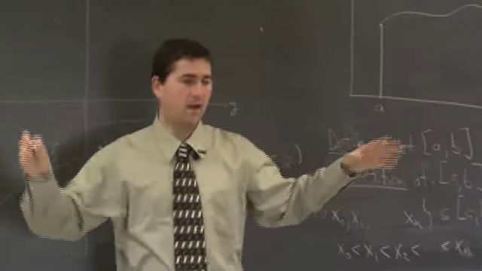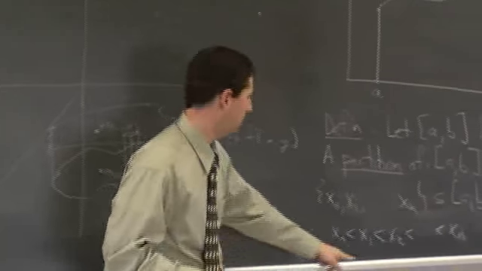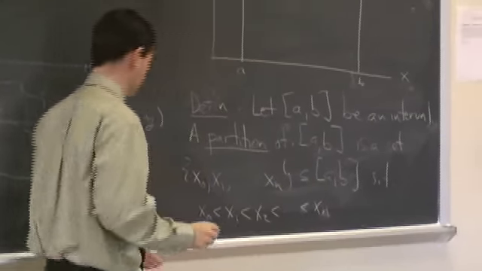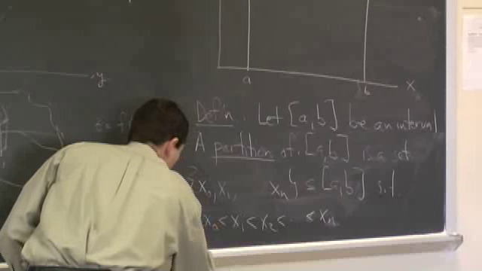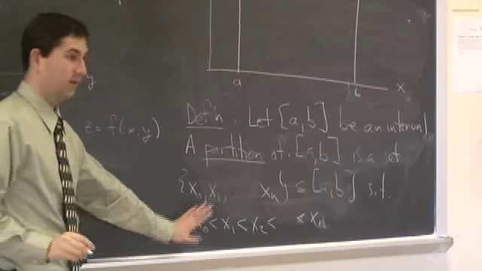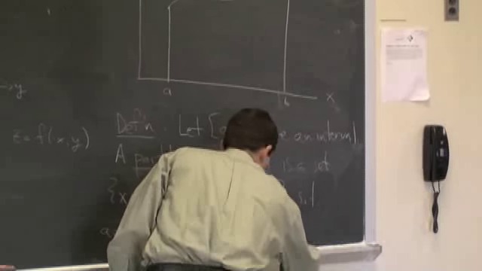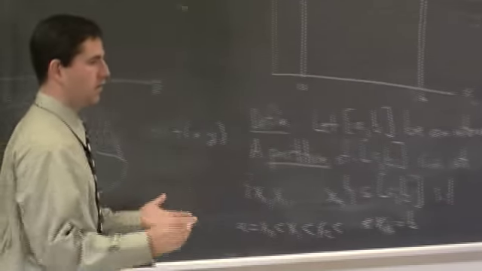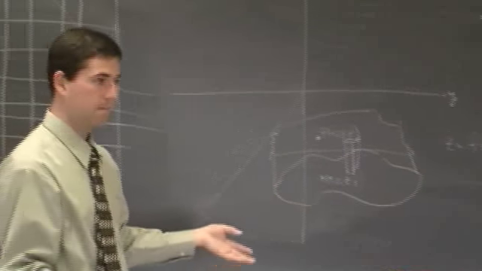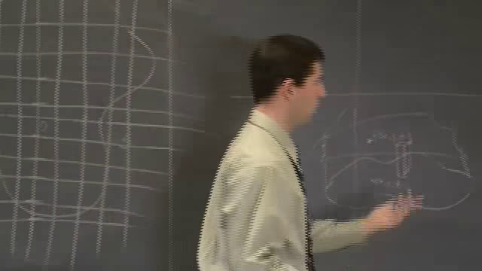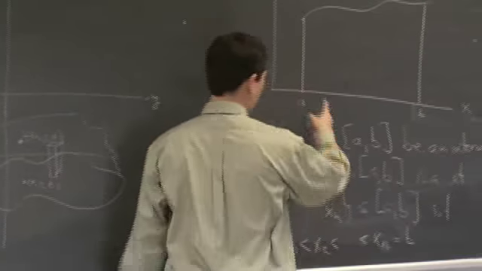Now, of course, you can just say, fine, just stick a on one end and b on the other end. And that's exactly what we did. We just assume that this x0 point is a, your endpoint, and this xn is b. So every partition always starts with a and ends with b. And what does a partition look like? Well, it looks like this.